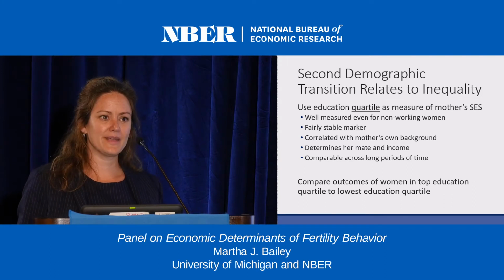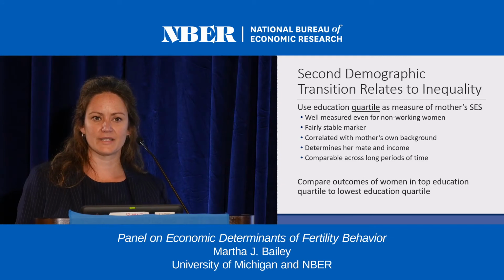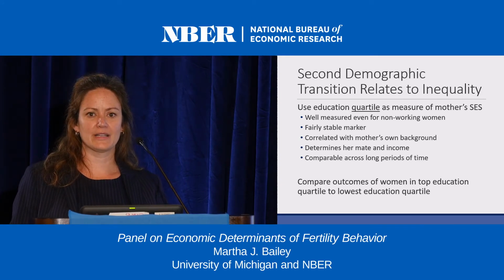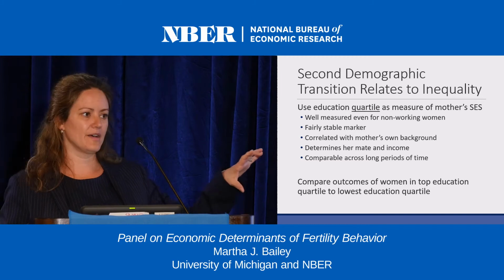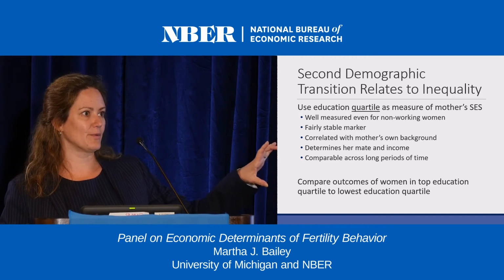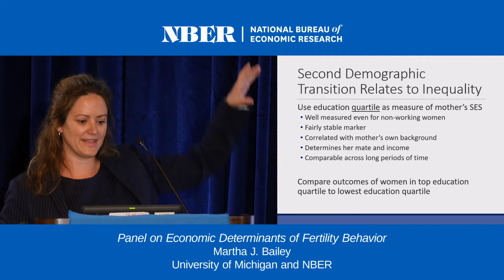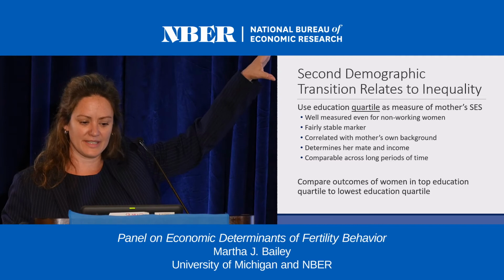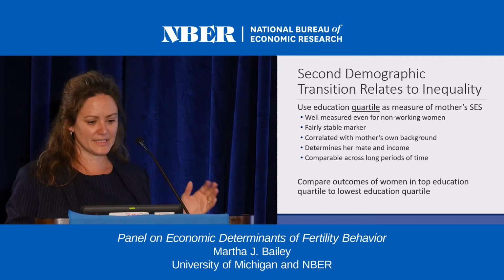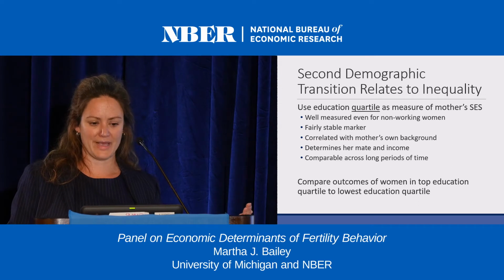So what we do to make these big comparisons over time is we use education quartile. So essentially, we're looking at the lowest 25% of women's education group, and then the top 25%. This is nice because we know it's well measured even for non-working women, which also changes dramatically over the 20th century.